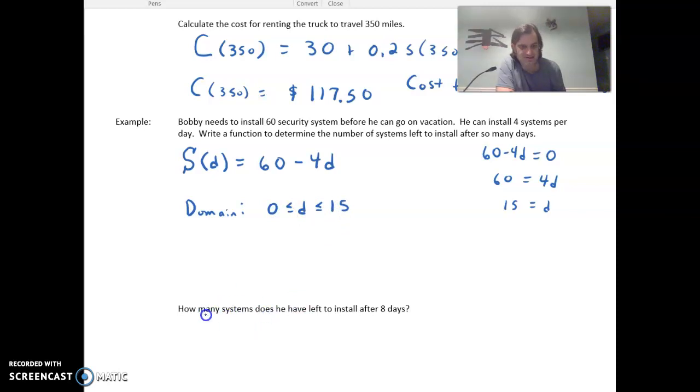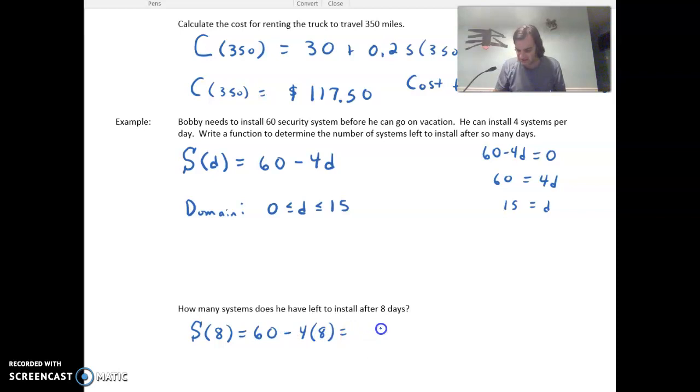And the last question down here, how many systems does he have left to install after 8 days? Once again, I think you would probably have no trouble answering this question without any equation or function knowledge based off of the description up there. But we're going to say S of 8, which is 60 minus 4 times 8. So we're just plugging that in. So that's 60 minus 32.